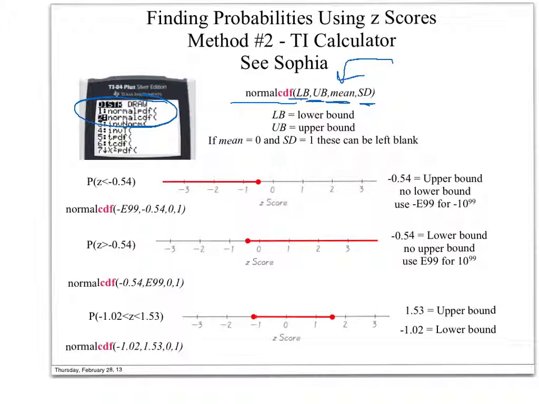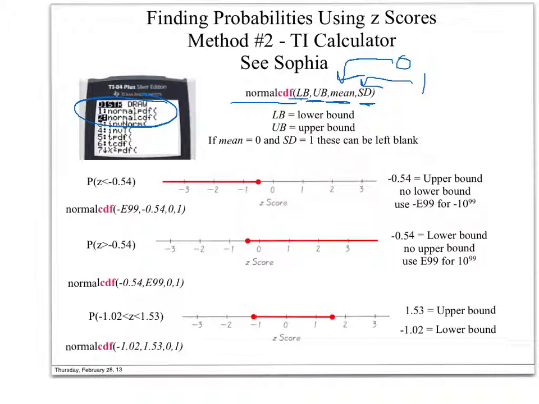If the mean is 0 and the standard deviation is 1, you can leave those off. The calculator assumes that it's 0 and 1 if you leave them off. So if you're using a standard normal distribution, you can leave those off. But if it's not a standard normal, with a different mean and a different standard deviation, you have to put the mean and standard deviation in.